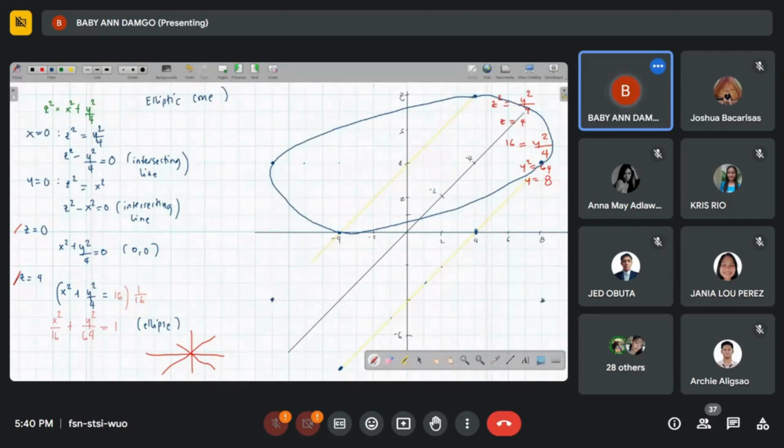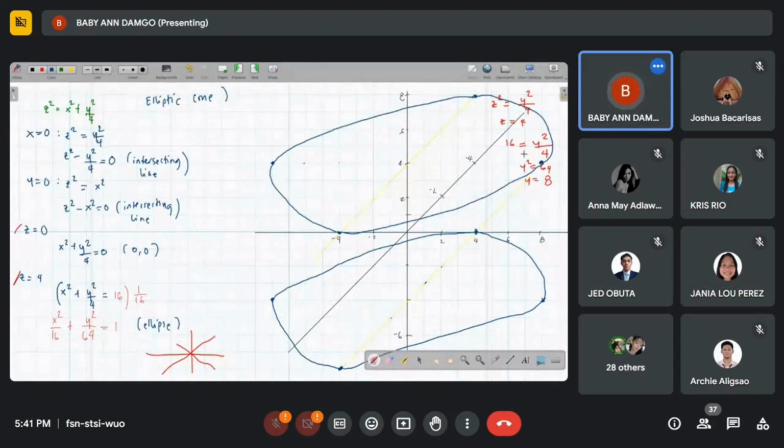We connect. Okay, this is the graph. So for here, this is an intersecting line. Ang ato lang is asa ni siya mo-connect. So when z is 4, we have y is 8.